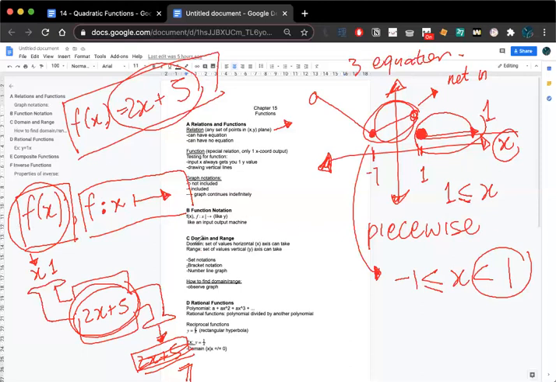Okay. And then after that we have this thing called domain and range. If you want to input something into the machine, you cannot always input whatever you want. In some circumstances, there is a limit to how much you can input, and that's what you call the domain. So if drawn in a graph, for example, we have the function of 2x plus 5, something like this.